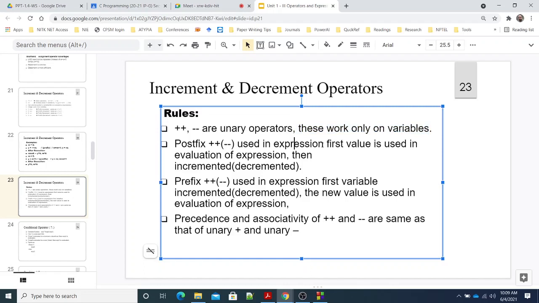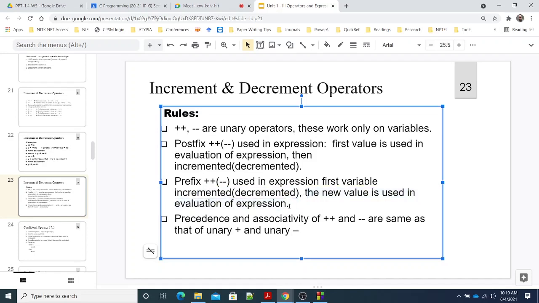Postfix used in expression: first, the value of the variable is used in the evaluation of the expression, then incremented or decremented. For postfix, whether increment or decrement, first the value is used in the evaluation of the expression, then the increment or decrement happens. In case of prefix increment or decrement, first the variable is incremented or decremented, then the updated value is used in the evaluation of the expression.